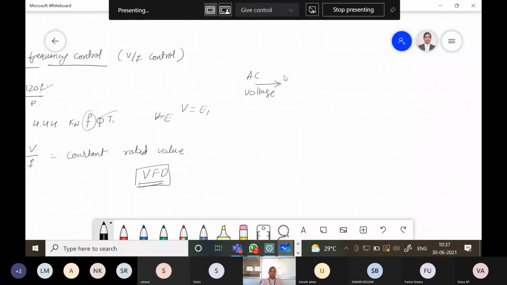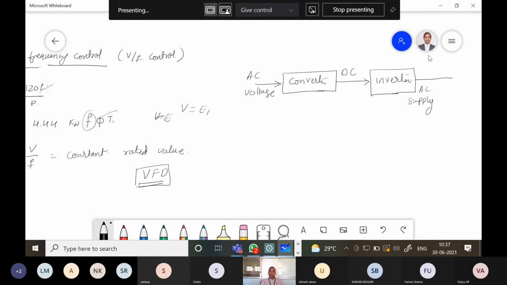It can be given to the converter circuit, where it is converted to DC. Again you convert it to AC by using an inverter. So in this inverter we will get a variable frequency AC supply.